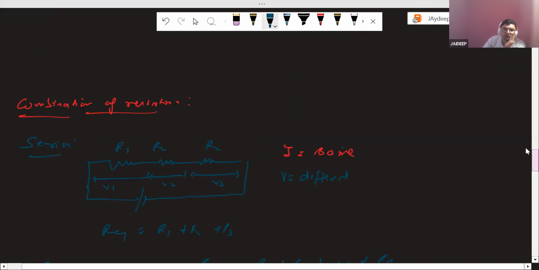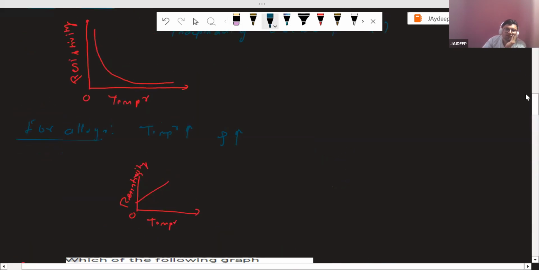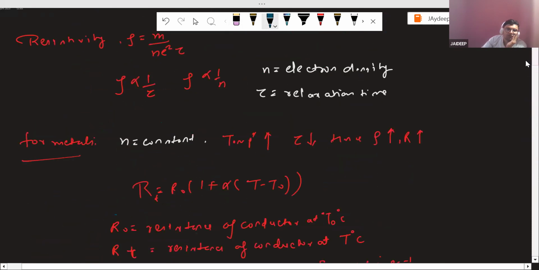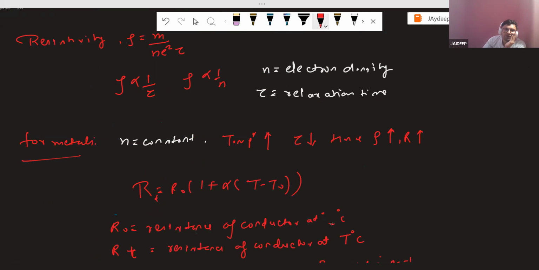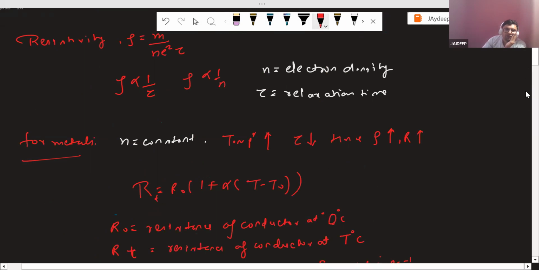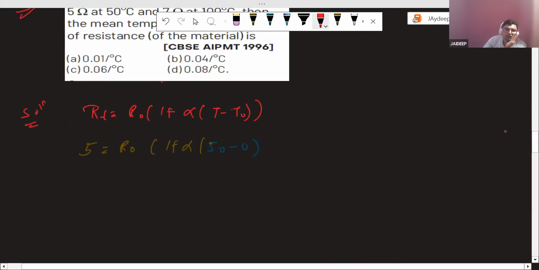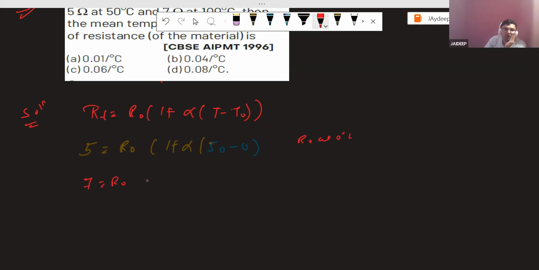You can use this formula this way also. At temperature 0 degrees, R0 basically. The second equation will be 7 equals R0, 1 plus alpha, 100 minus 0.